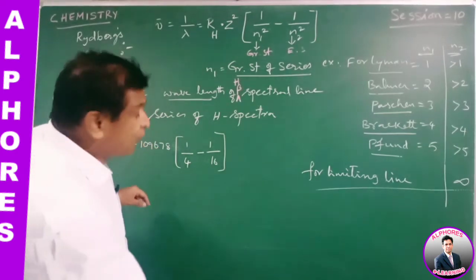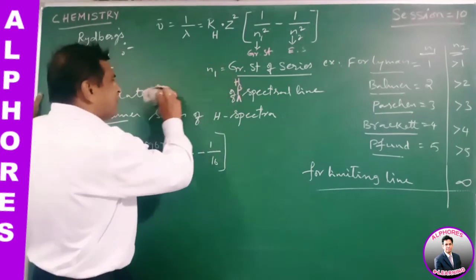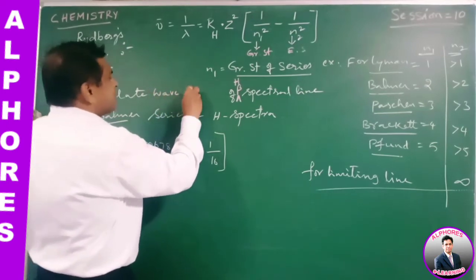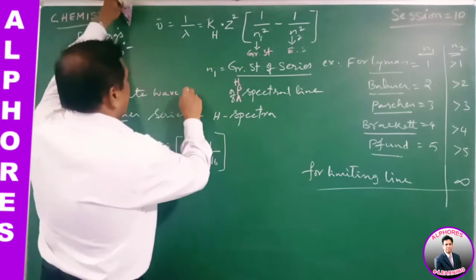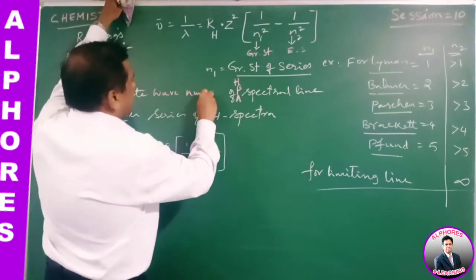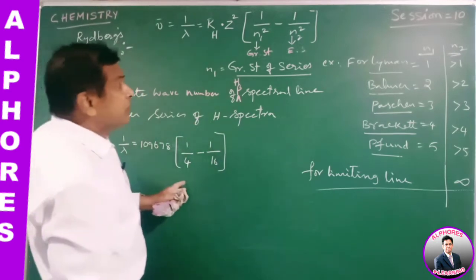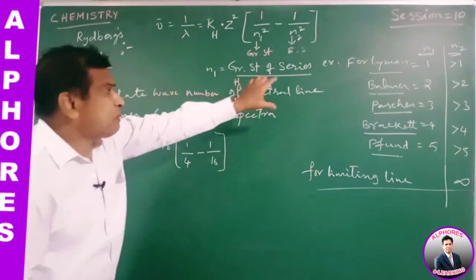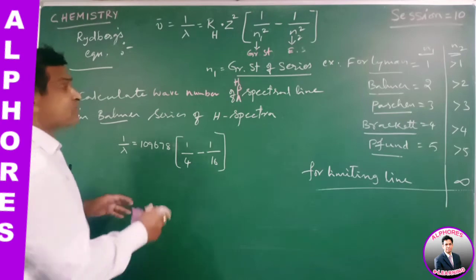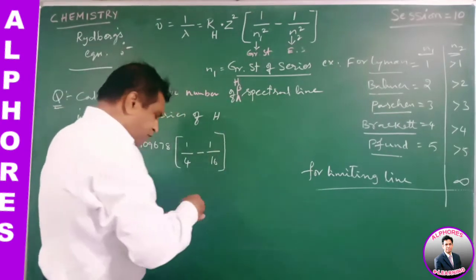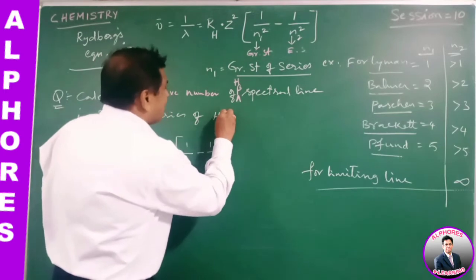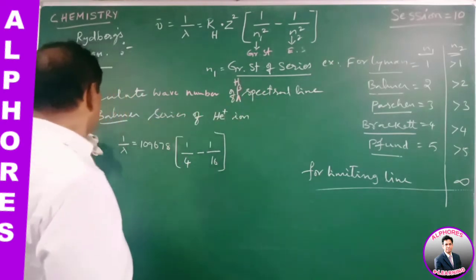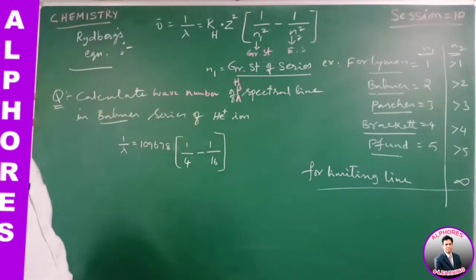Same, calculate wave number. So we are taking another concept: calculate wave number of H beta spectral line in the Balmer series of helium plus ion, okay.